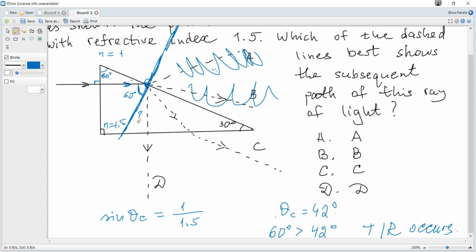And what is this angle? To check whether D is true, you can see it's 30. It's again, you can see it goes without refraction, so it's 90. So it's all 60, and again it's perpendicular, 90 degrees, so it's 30.